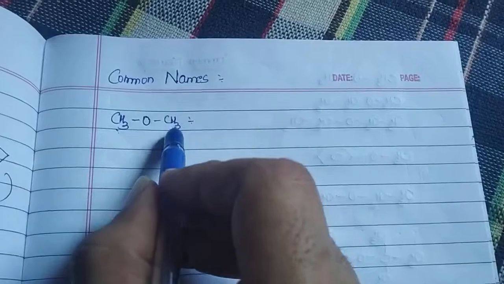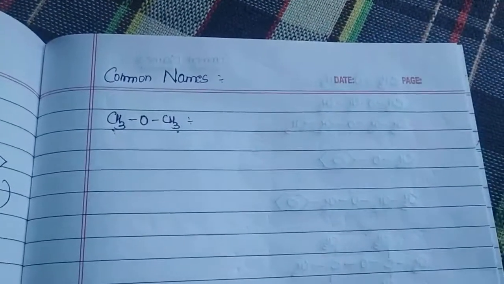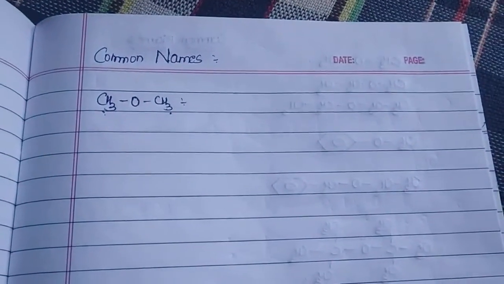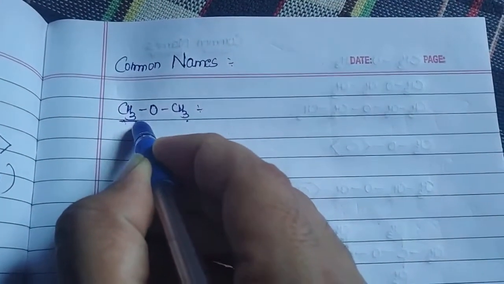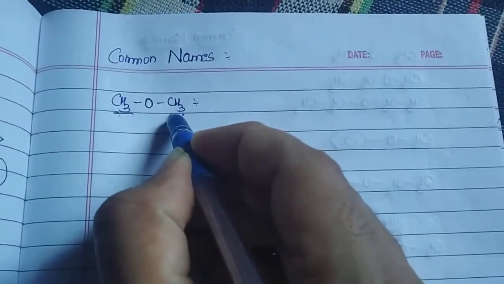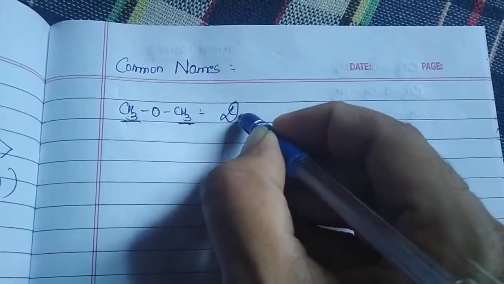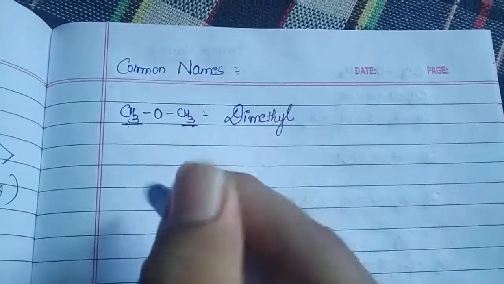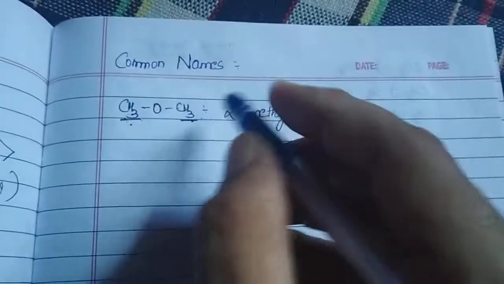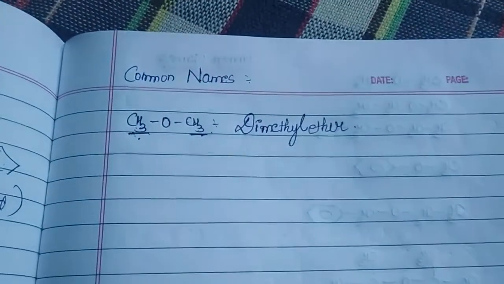Since the groups on either side of the oxygen are the same, we look at the common name. CH3 is called methyl, and similarly this is also methyl. Since there are two such methyl groups, I will write dimethyl. The overall system is ether: dimethyl ether. Are you getting my point?